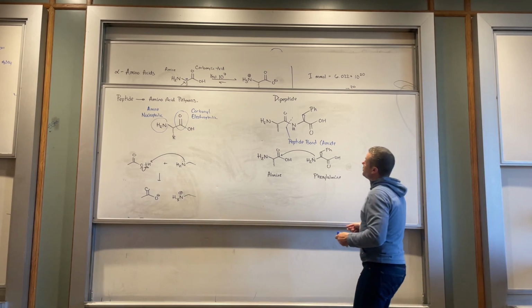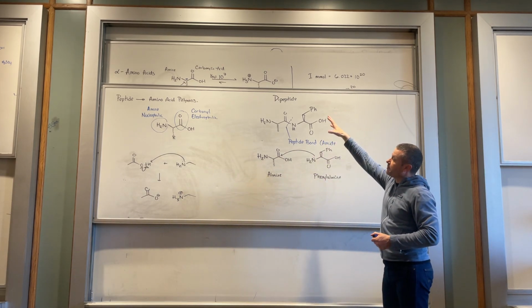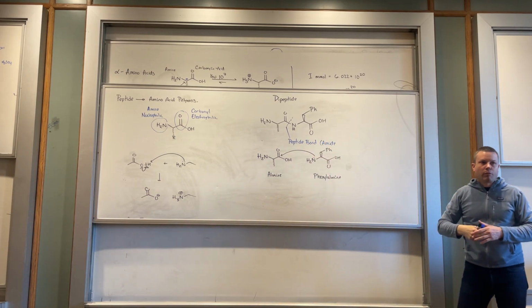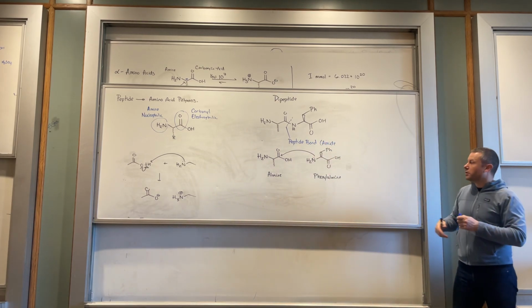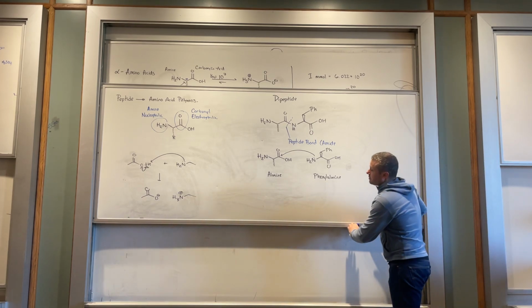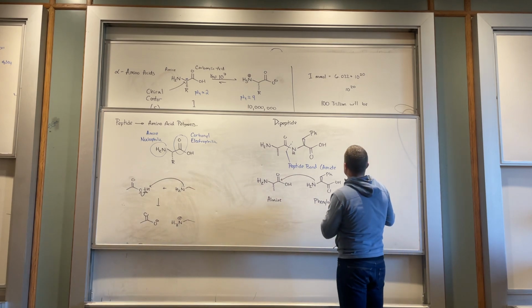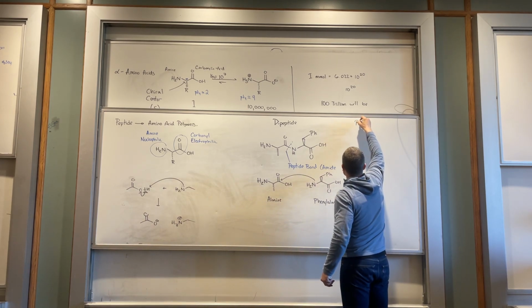All right, so we could have peptides, dipeptides, tripeptides, tetrapeptides, right? Once we get beyond a certain number of amino acid residues, we just start referring to those molecules as polypeptides.